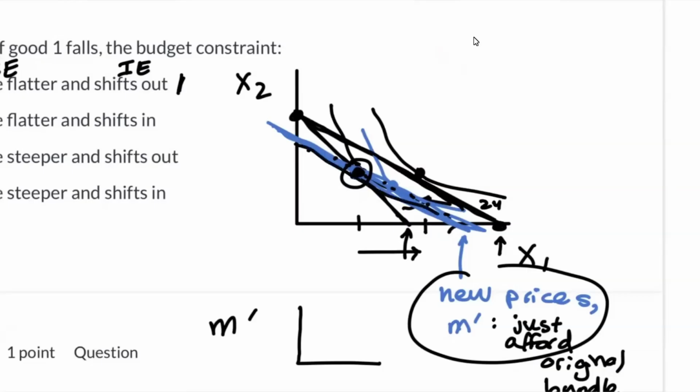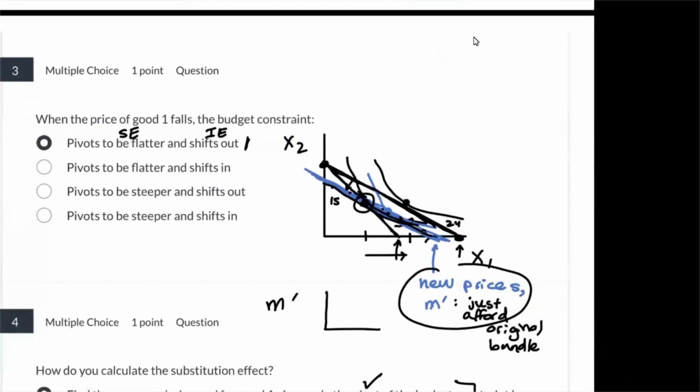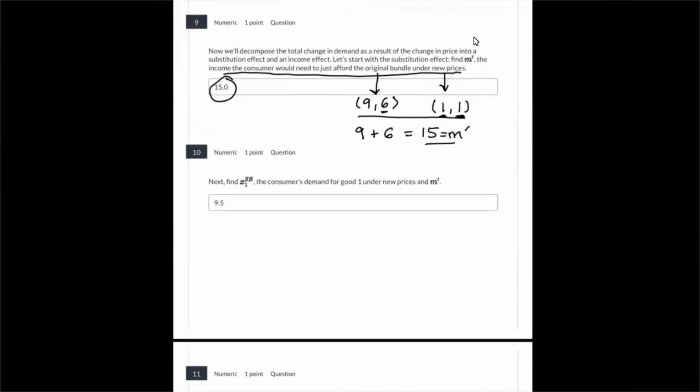This blue line here is the income of 15. I have to take my income back $9 in order to just afford this, so we can isolate the change in demand from the change in relative prices and not from this purchasing power effect. Okay, so we get 15 as M prime.